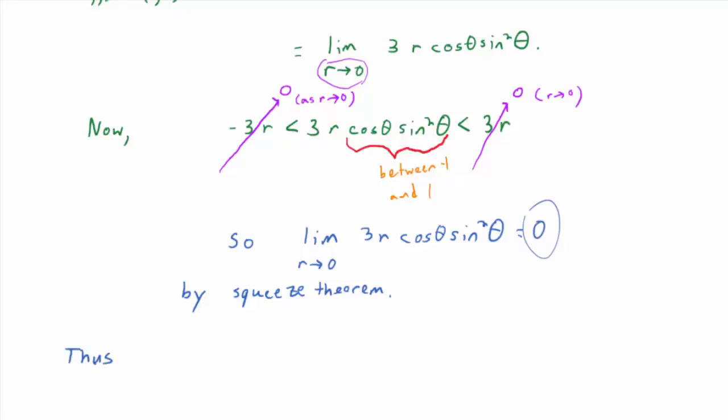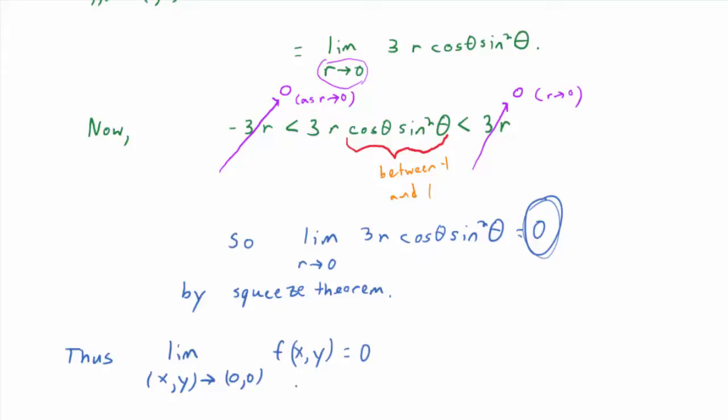Thus, the limit as (x, y) approaches (0, 0) of f(x, y) is equal to 0, because f(x, y) is equal to that rational function that we just showed the limit is equal to 0, as long as (x, y) doesn't actually equal (0, 0).